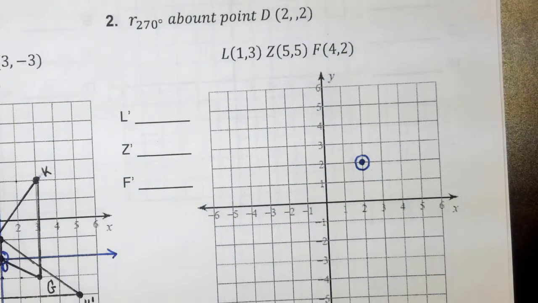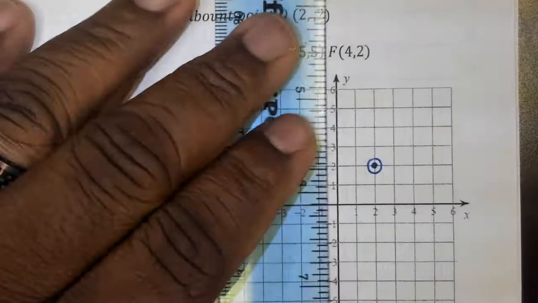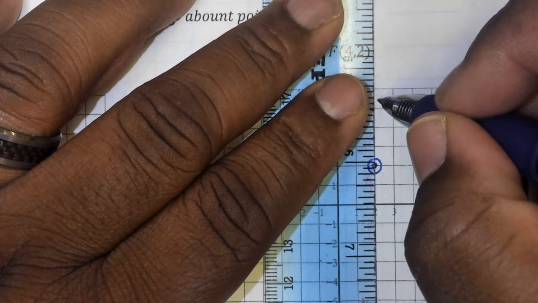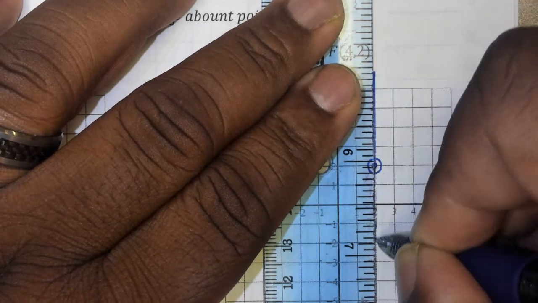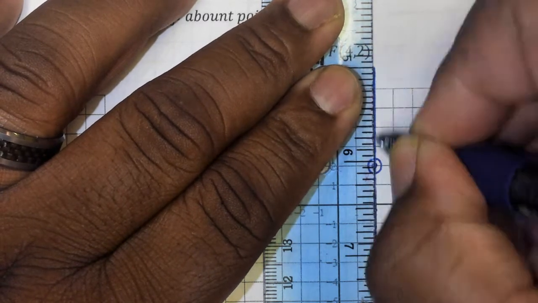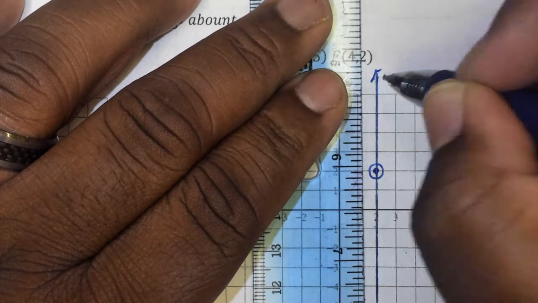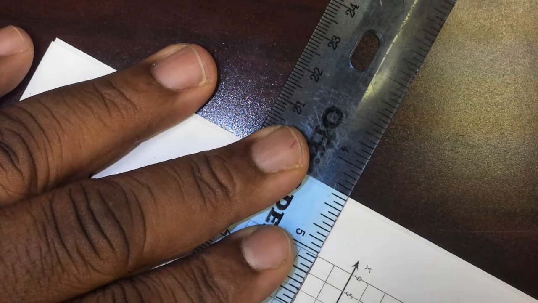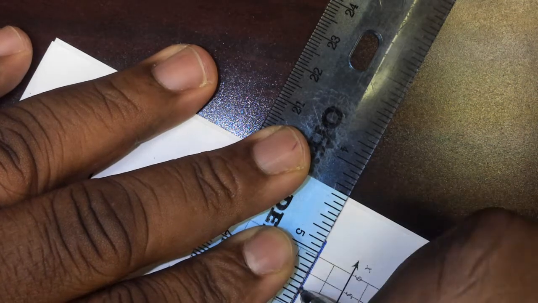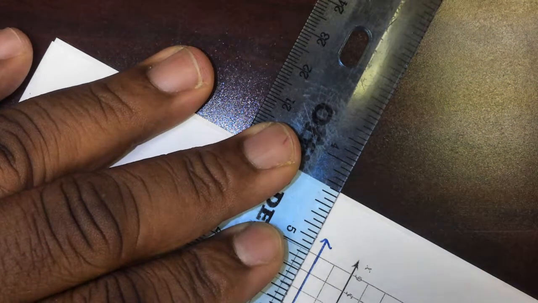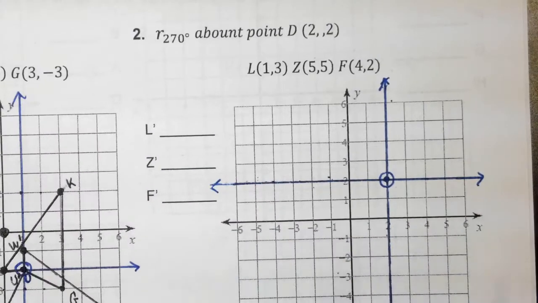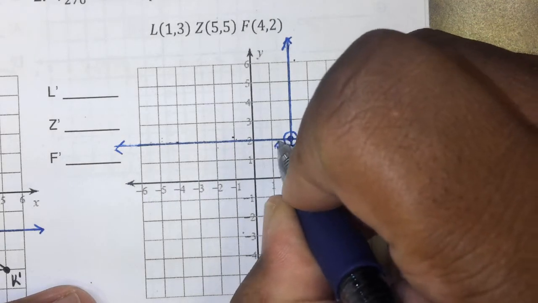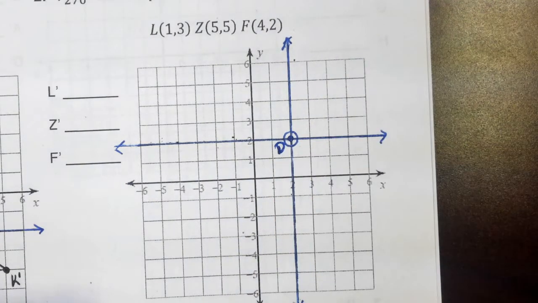Circle it, and I'm going to create an axis again around point D. Created my axis around D, and I'm going to label that point D too. That's center of rotation.